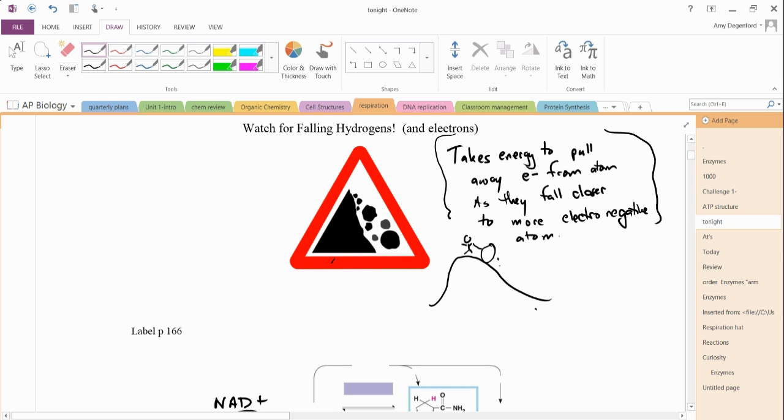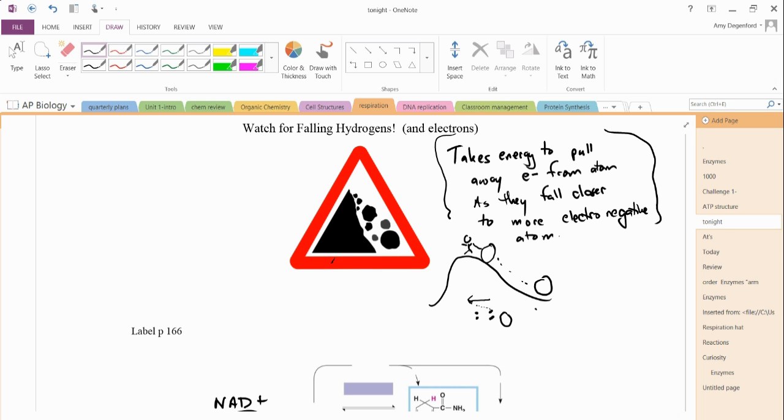And if I let go of it, that rock is going to naturally fall down to its lower energy state. So you can imagine if you've got a molecule where the electron is farther away, that takes a lot of energy. And as it falls closer to the atom, it now has lower energy.